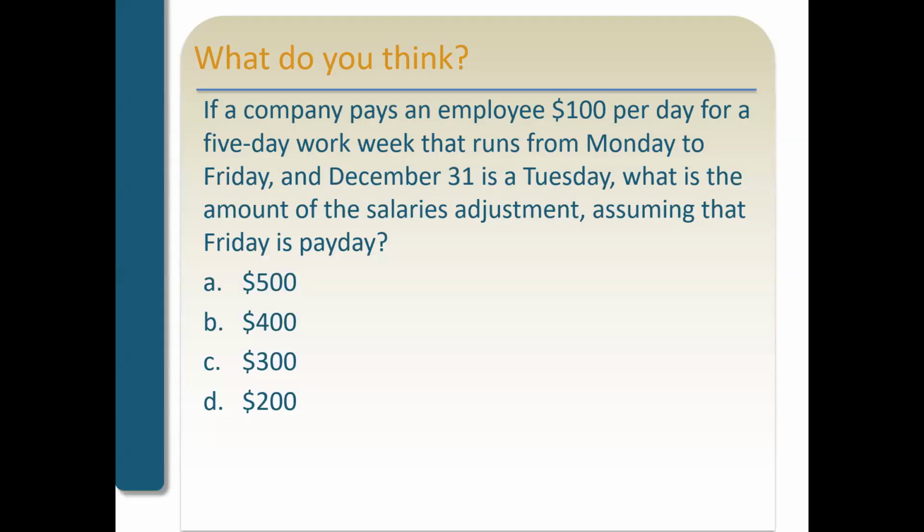If a company pays an employee $100 per day for a 5-day work week that runs Monday to Friday, and December 31st is a Tuesday, what is the amount of the salaries adjustment, assuming that Friday's the payday?